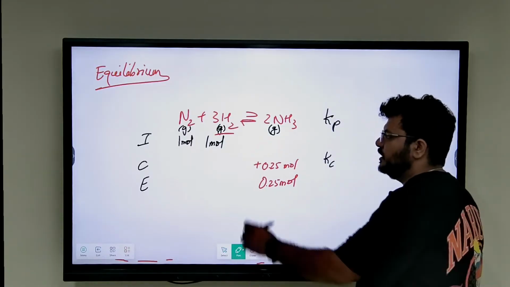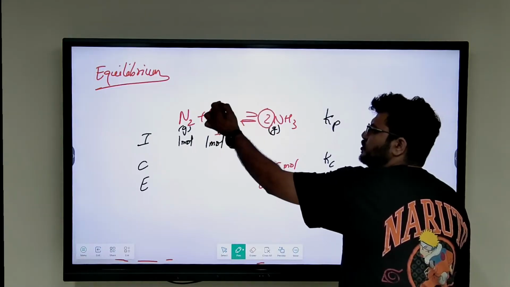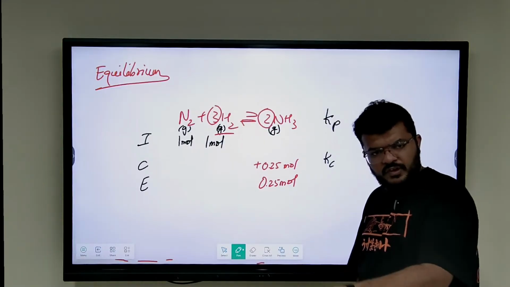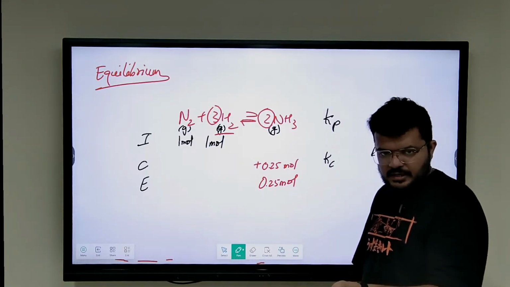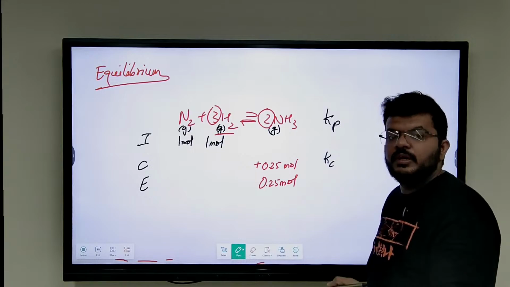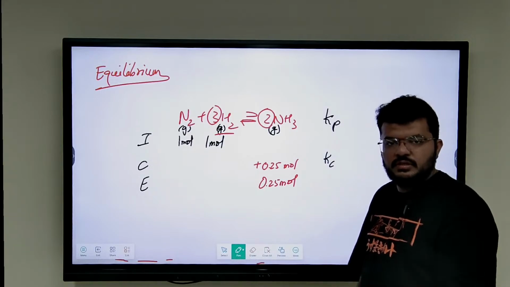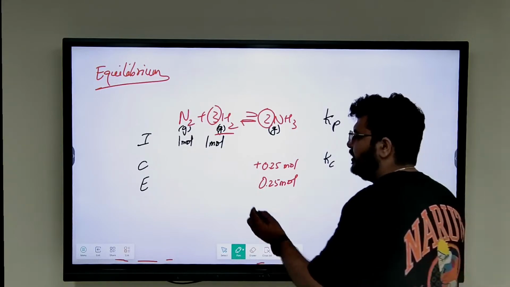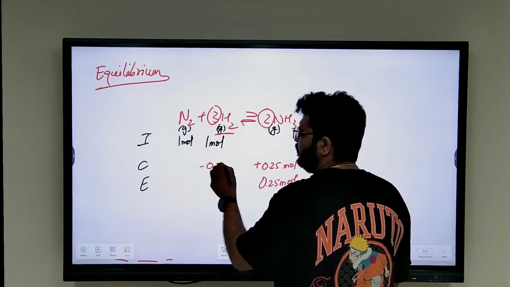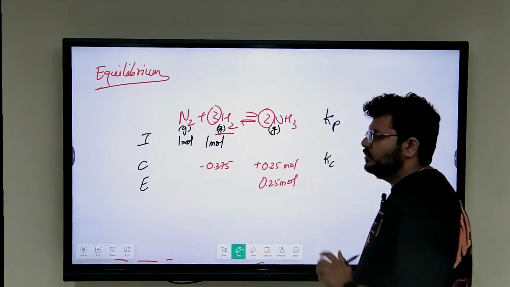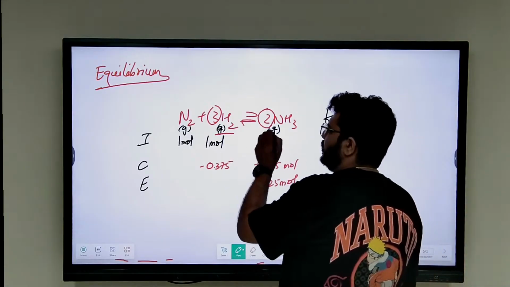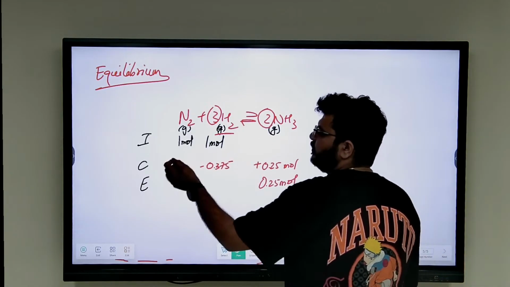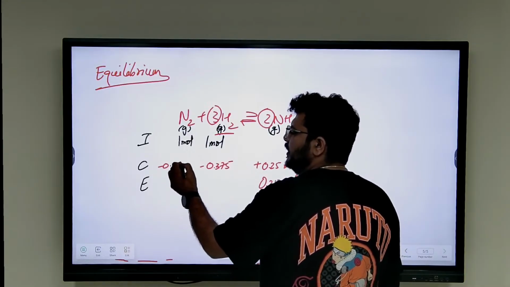Sure, the ratio is 2:3, so 0.25 divided by 2 and then multiplied by 3, right? 0.125. Multiplied by 3, so it should be 0.375. So 0.375 moles of this are used up, so I will write a negative sign. And then nitrogen, half nitrogen is used, so minus 0.125.